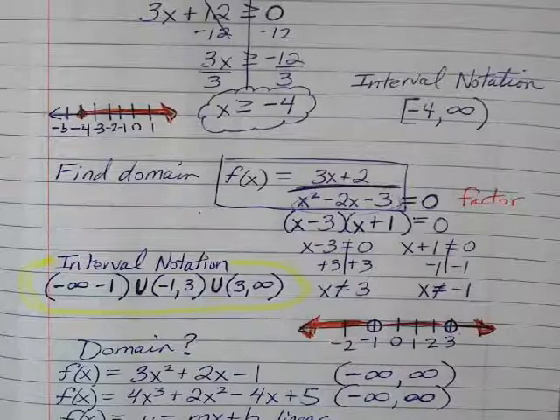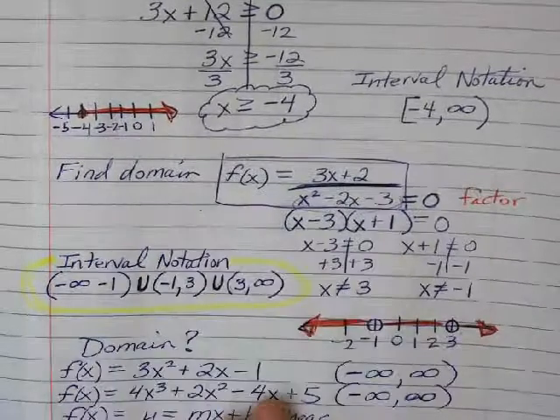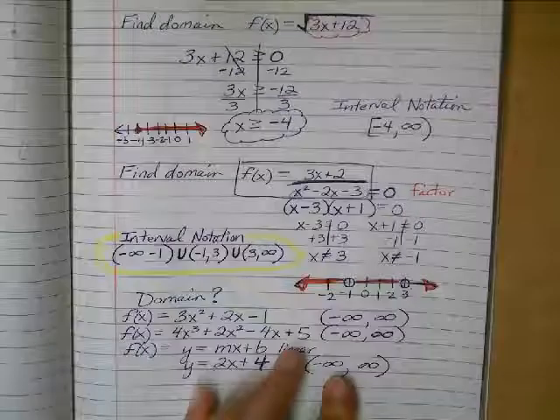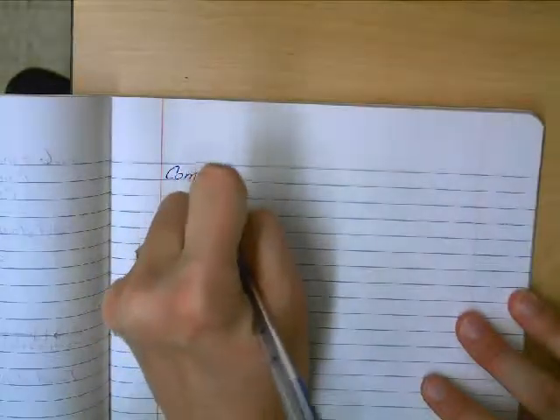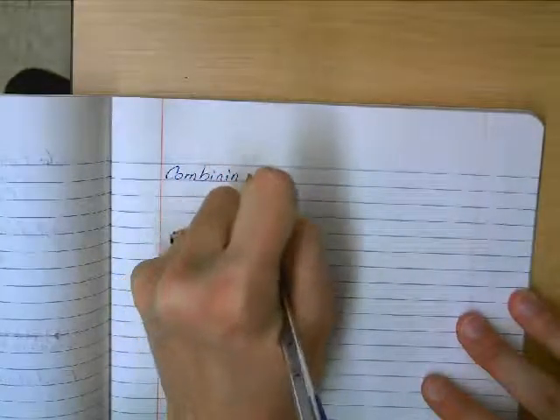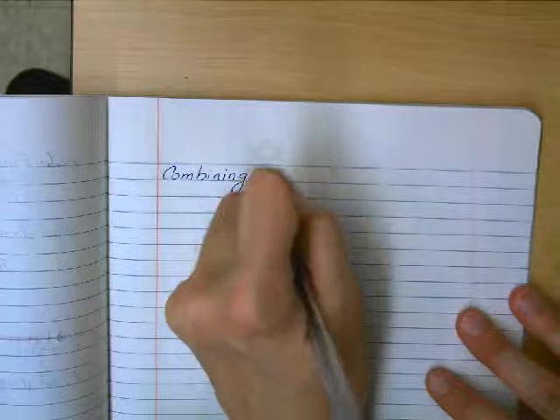Okay, and then finally, we're spending a bit of time on domain, but because it's kind of a tough concept to figure out. Now the rest is going to be combining functions and composite functions. Combining functions, let's talk about what that is.